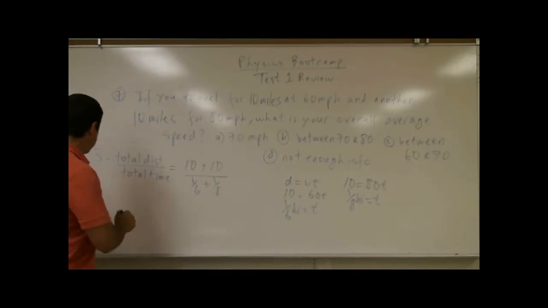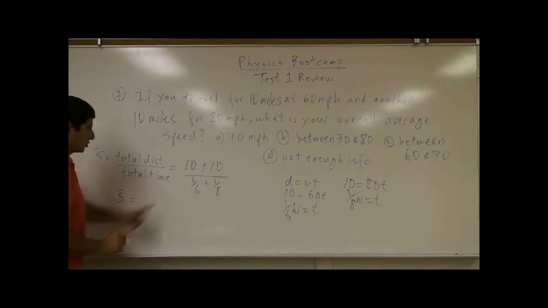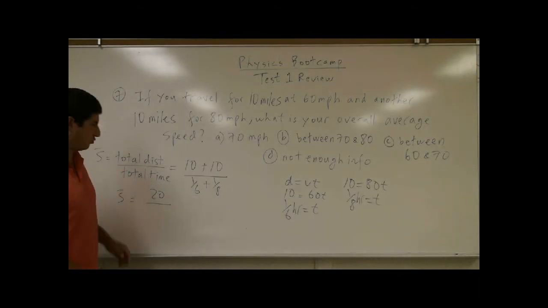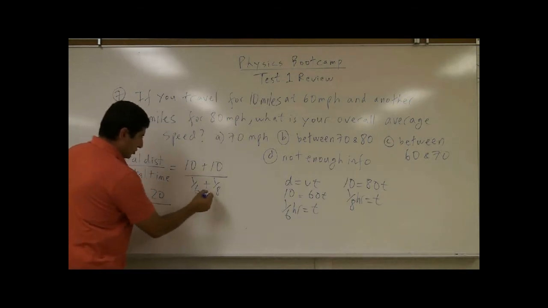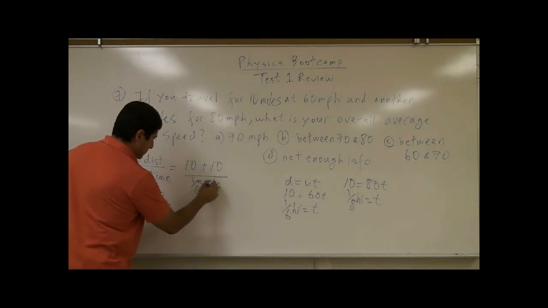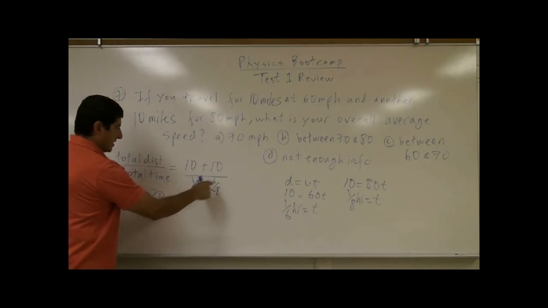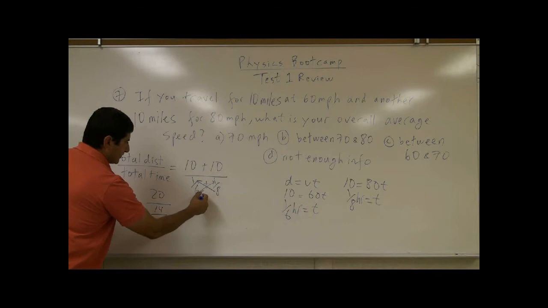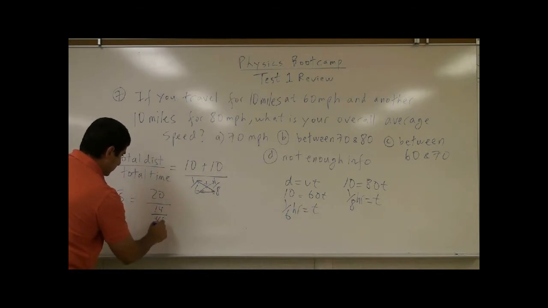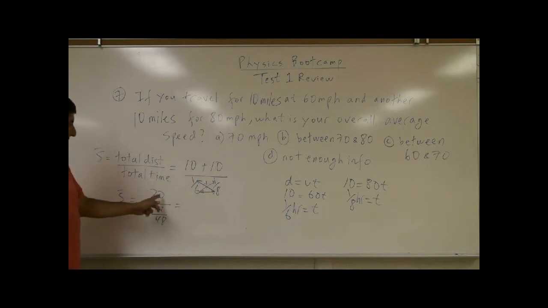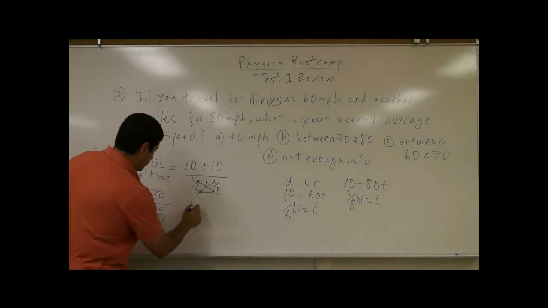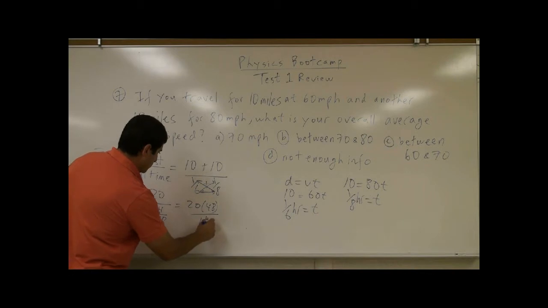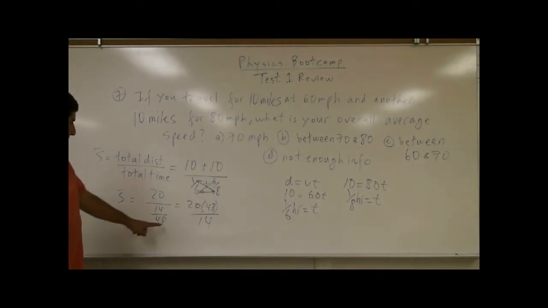So what's the average speed now? You're going to get 20 on the top. What's the sum of 1/6 and 1/8? Well, I could take the cross product, do it quickly that way. 8 plus 6 is 14. Multiply them, that gives you 48. Take the 48 to the top. 20 times 48 over 14, okay?